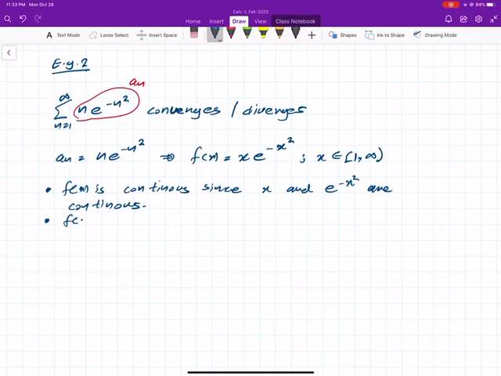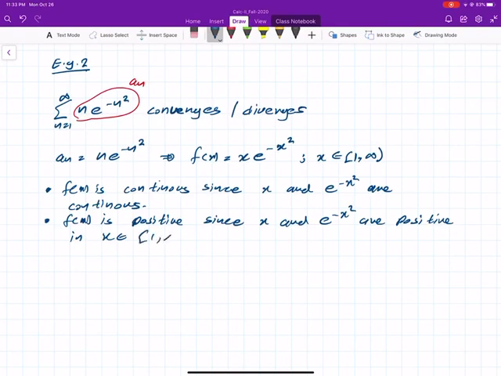Yes, it is positive. Why? Because f of x is positive since x and e to the power negative x square are positive in the region x in 1 to infinity.